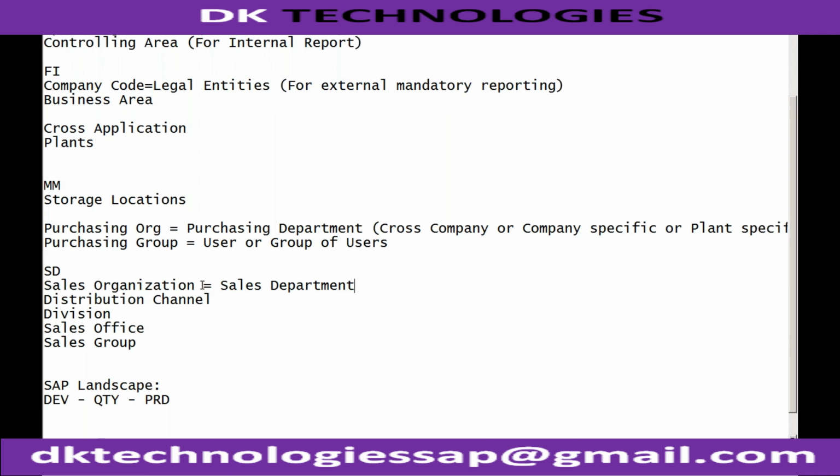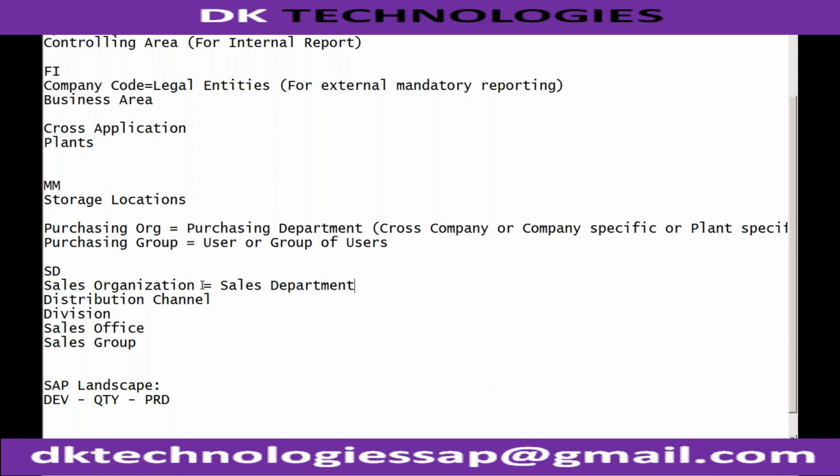Let's take the same example that we are talking about, our Reliance Chemicals. What are the different products Reliance Chemicals is selling? Let's say fertilizers, pesticides, insecticides, nowadays sanitizer, right? So these are all products, and I may want completely independent sales departments for different kinds of products.